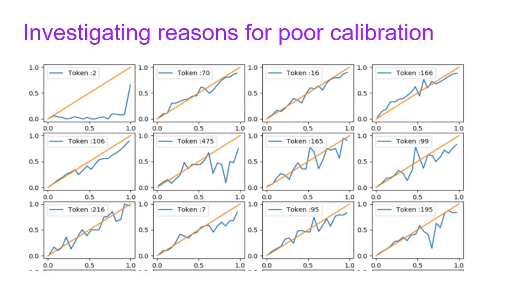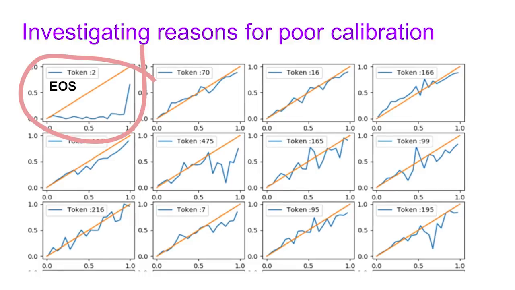Of course, whenever you take calibration plots with small data, the plots are generally brittle. But there is one token which is really bad. Look at how bad its calibration plot is. We found out this is the end of sequence token.